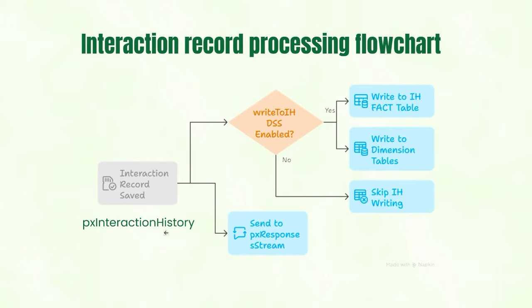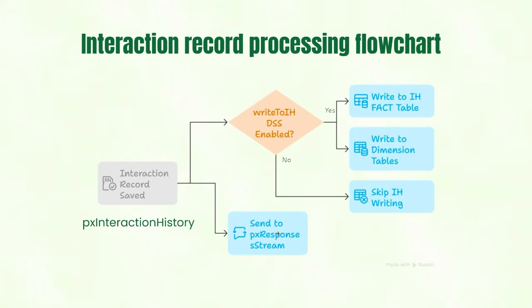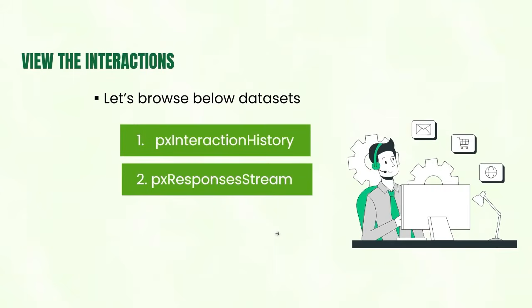When you browse the data from PX interaction history, it will get the data from the database table, whereas when you browse PX response stream, it will get the data from the stream. And this stream data flow, which is listening to the PX response stream dataset, is responsible for writing the data to the file repository at every fixed interval of time. Now let us actually browse PX interaction history and also the PX response stream.